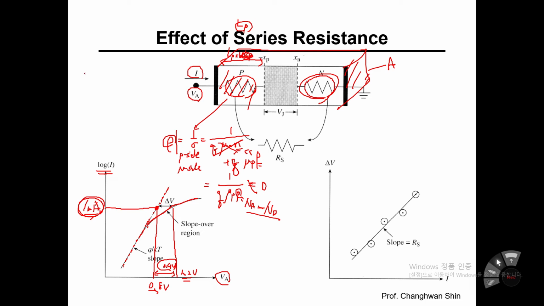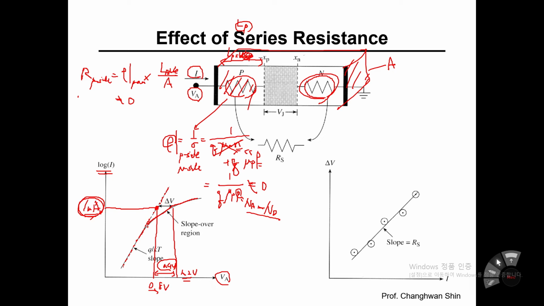Okay, then the resistance value in the p side would be the resistivity on the p side times L p side divided by the cross-sectional area, and this value should never become 0.